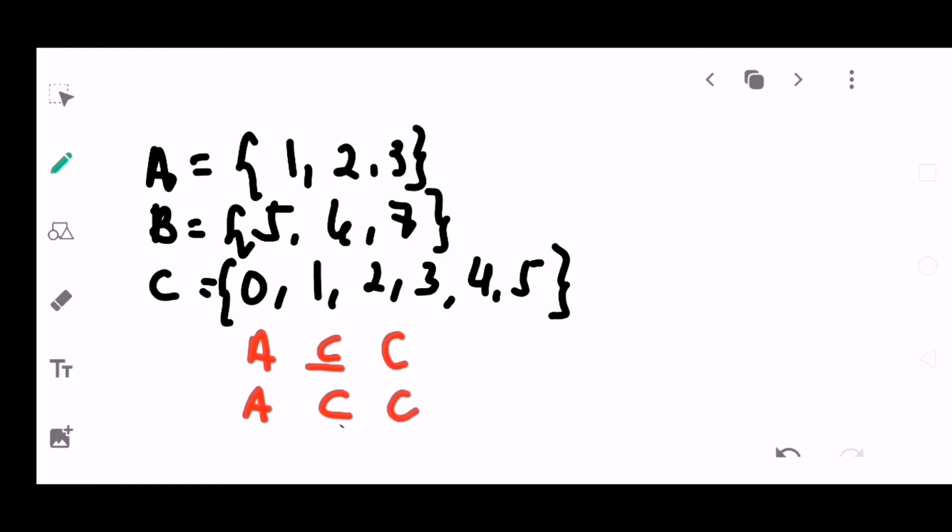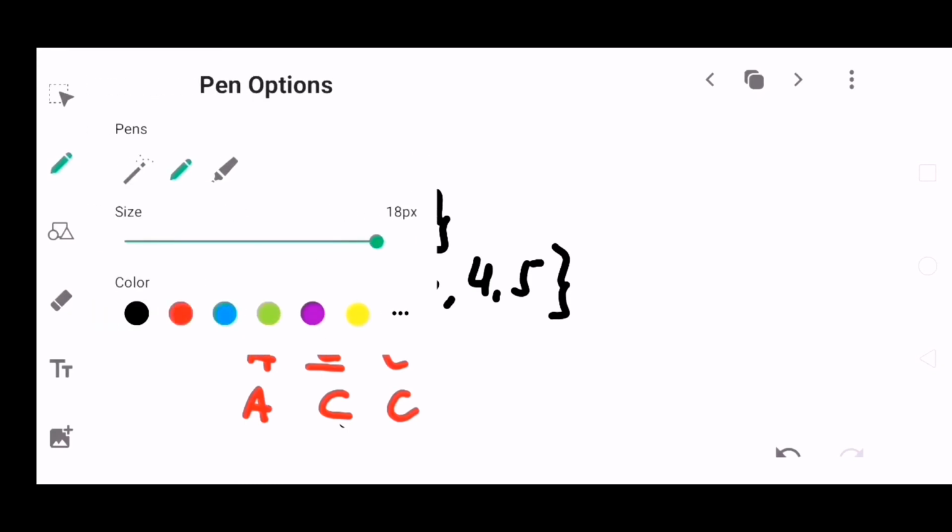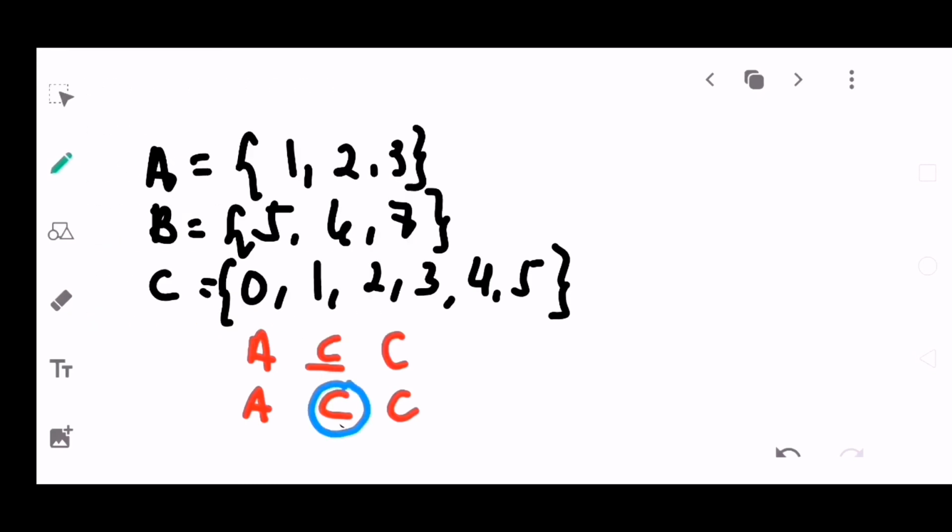Because there is at least one element, actually there are 3 elements of C which are not included in A. So we can say that A is a proper subset of C, and we use this symbol for proper subset. And for the last one, we can say that B is not a subset of C, since not all the elements of B are included in set C.